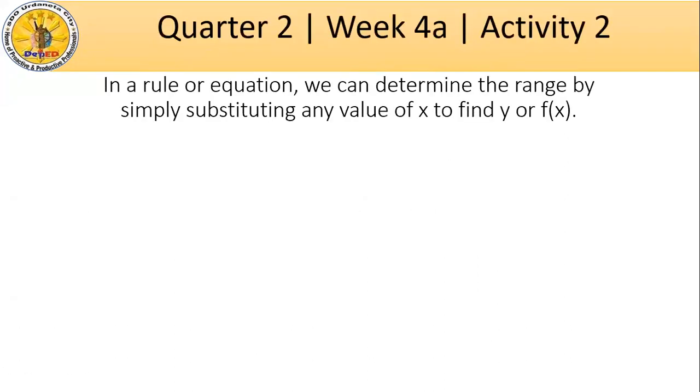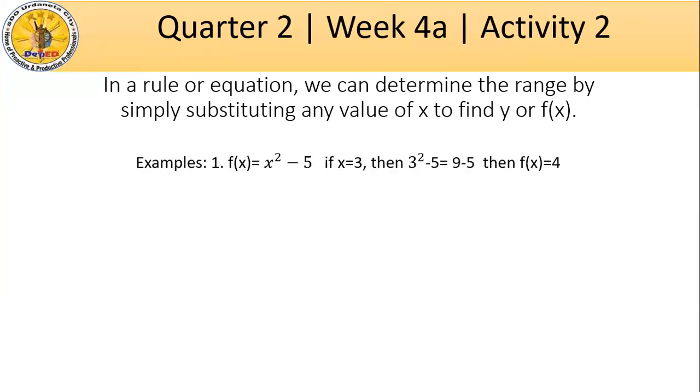For the second activity, in a rule or equation, we can determine the range by simply substituting any value of x to find y. Example, f of x is equal to x squared minus 5.